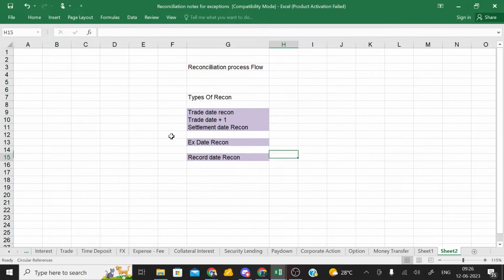The company processes the benefit on the basis of record date, so you need to assess the positions or stock holdings that you have on the basis of record date and reconcile them. All right. So these are the types of recon which you would see.